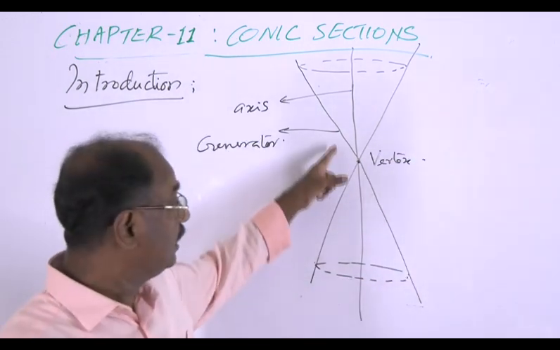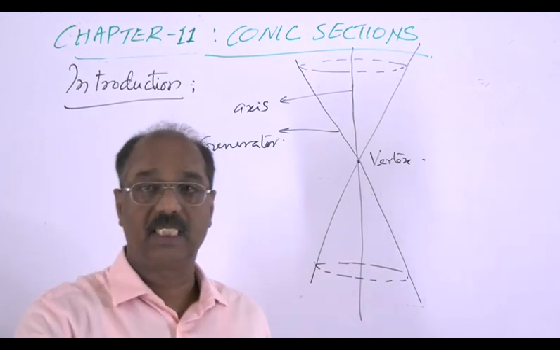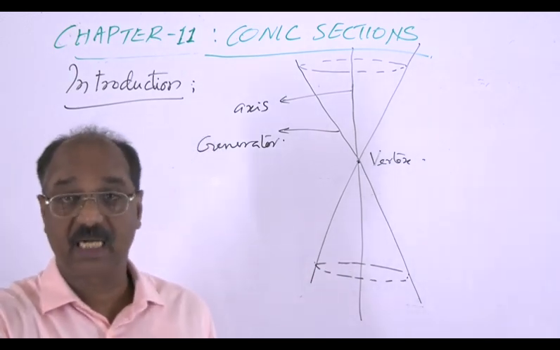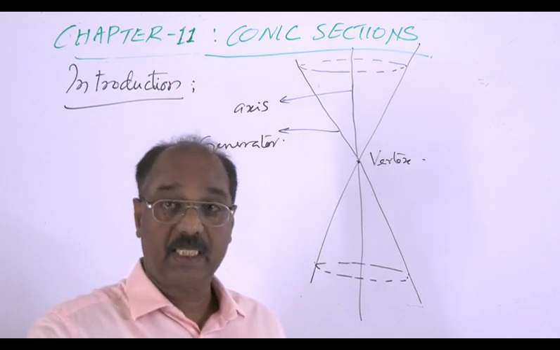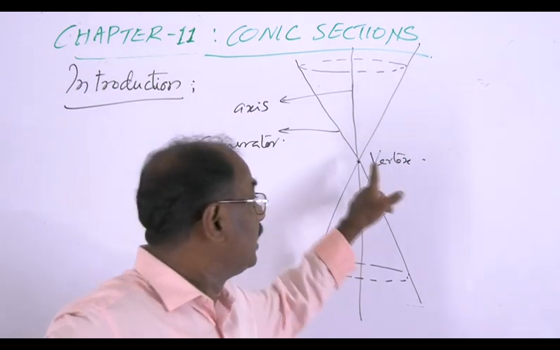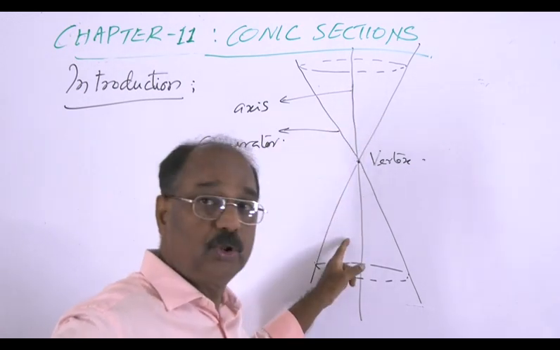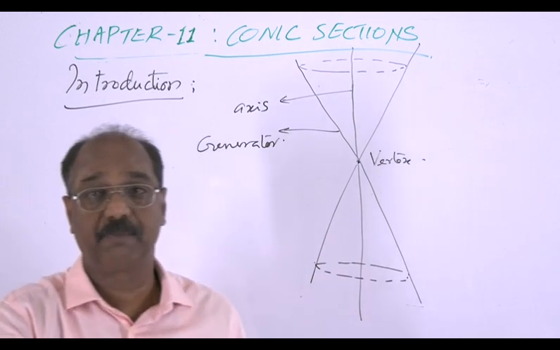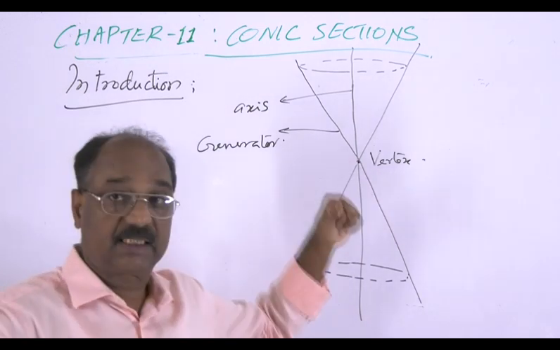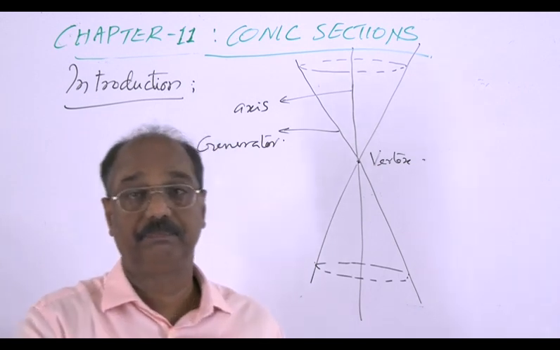So a cone has these three quantities: a fixed line called the axis, a rotating line, the generator, and this meeting point, the vertex. That point divides the whole cone into two parts, two naps. So this is a cone.